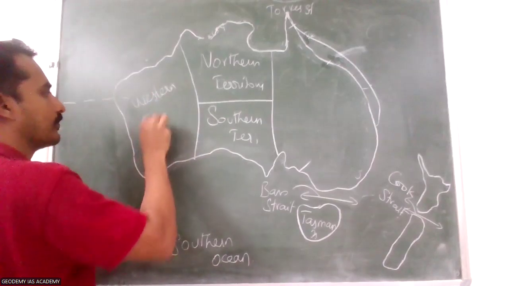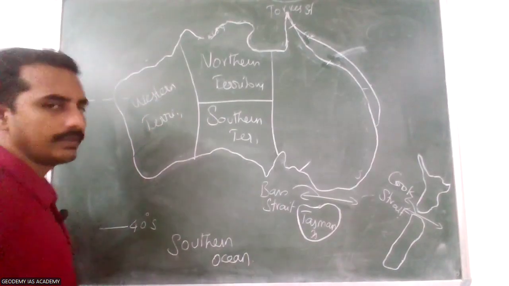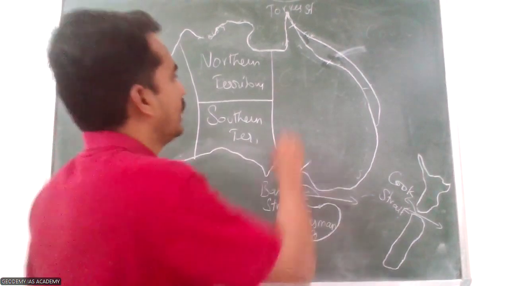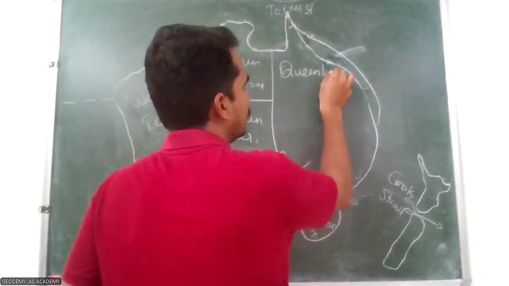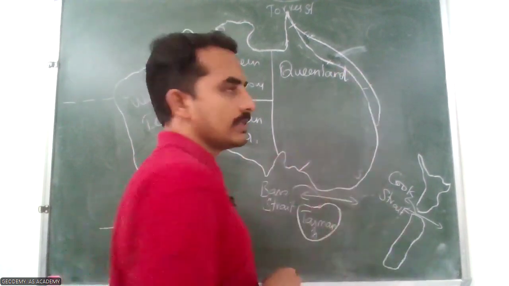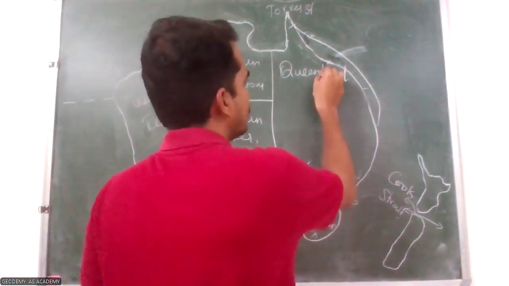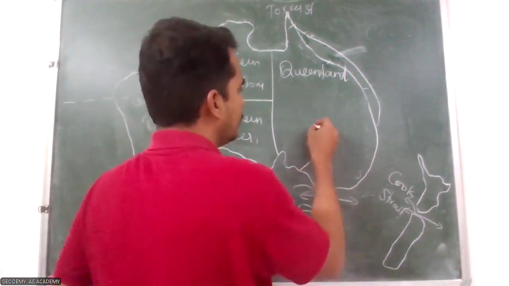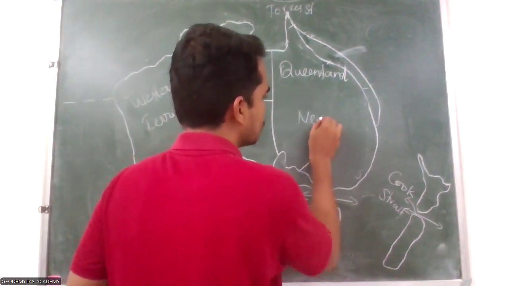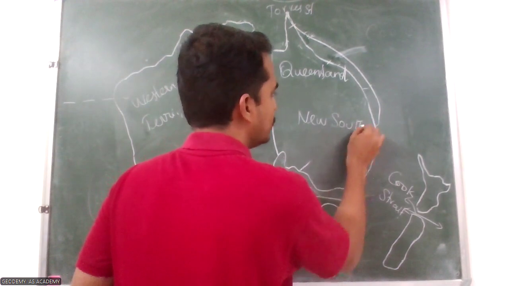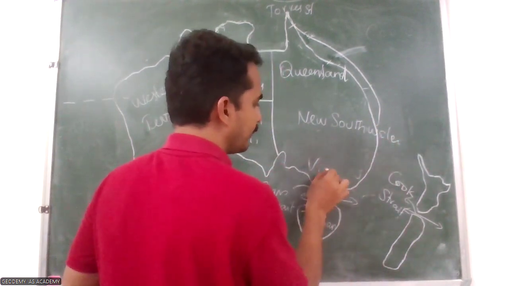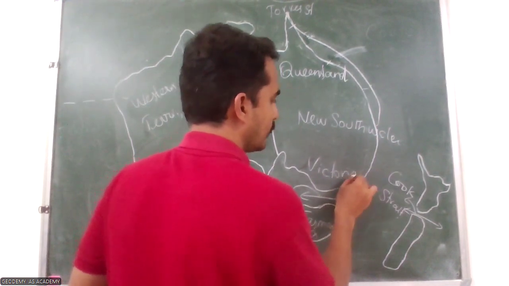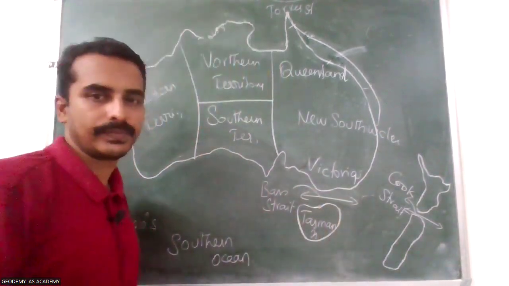Then in the eastern part is the province of Queensland, then New South Wales, then Victoria, then Tasmania.